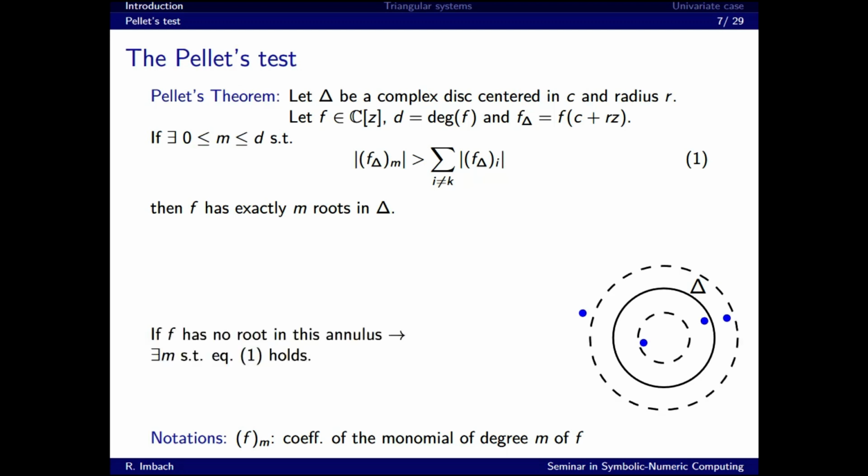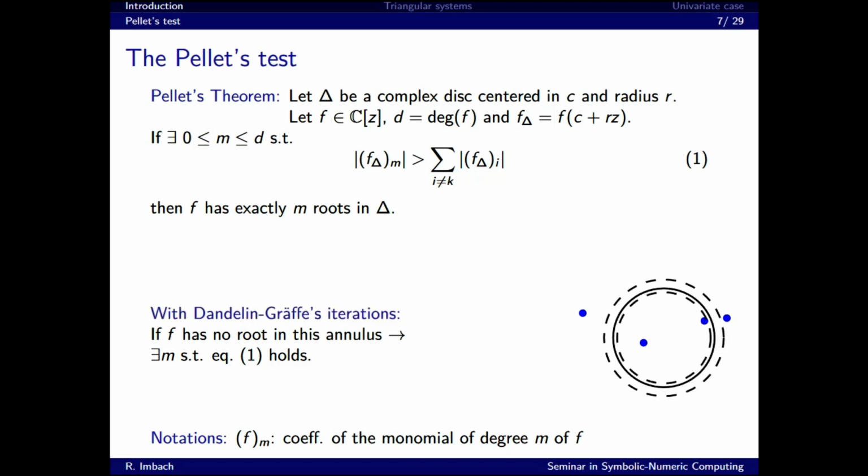One can show that if there is no root in an annulus around the contour of delta, whose size is a function of the radius r of delta, then there will exist an integer m so that one of these inequalities holds. So this theorem allows us to decide the number of roots in the disk. To reduce the size of this annulus, one can use, for instance, Graeffe iterations.